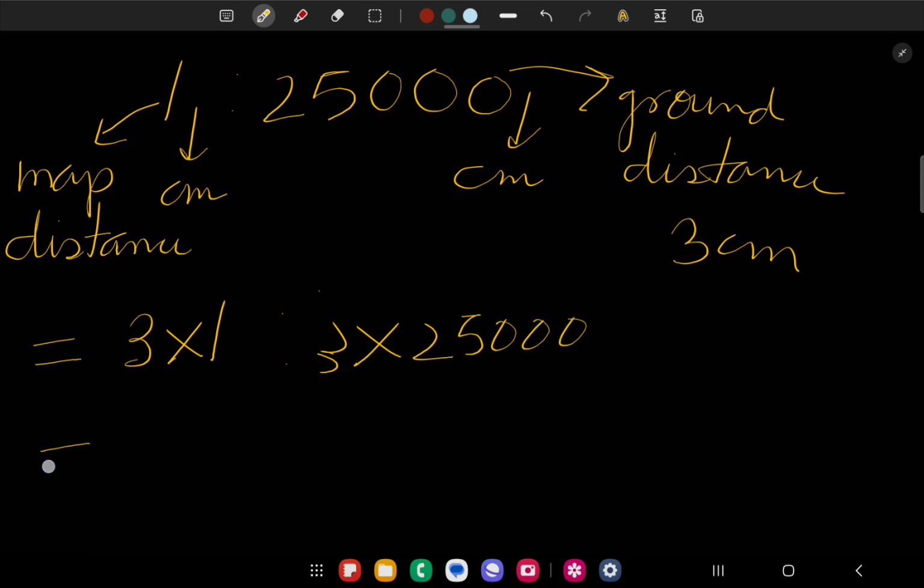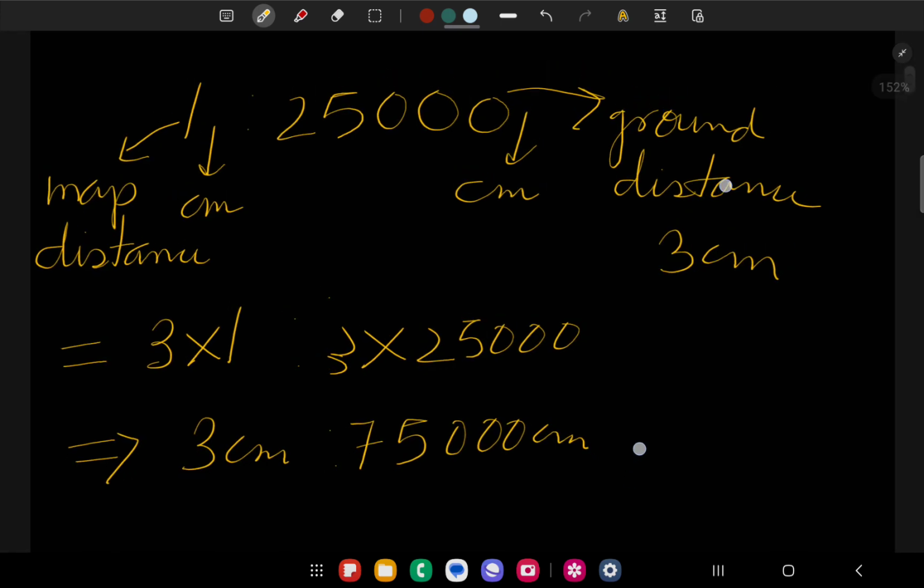So it becomes 3 centimeter is to 75000 centimeter. If the map distance is 3 centimeter, then the actual distance will be 75000 centimeters.